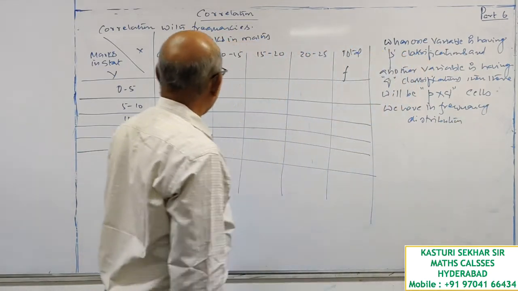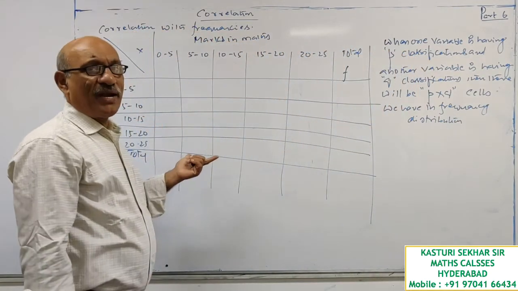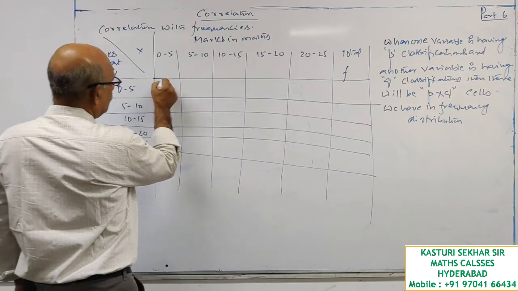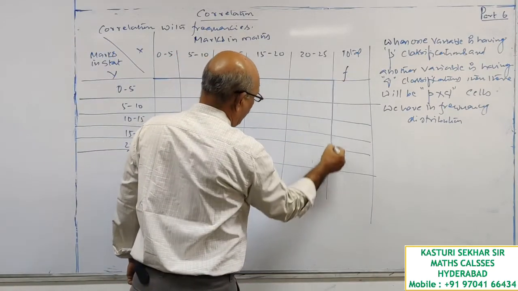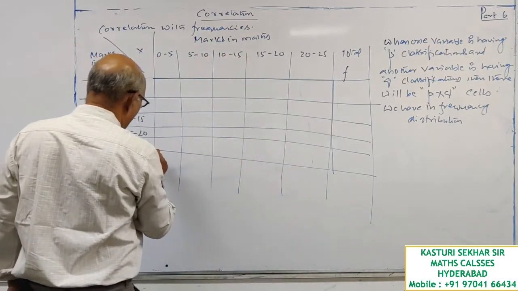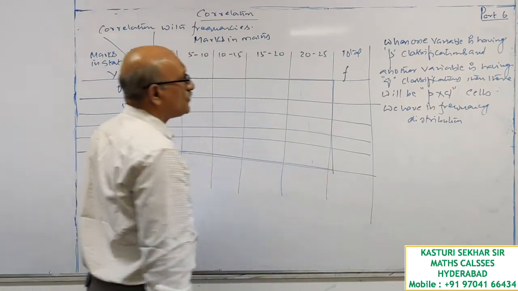Look at this. It is a 5 by 5 matrix. 5 classifications row wise, 5 classifications column wise.